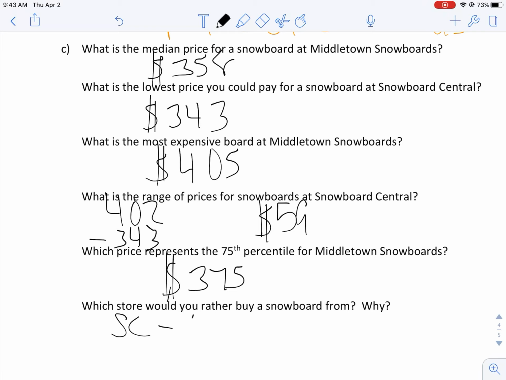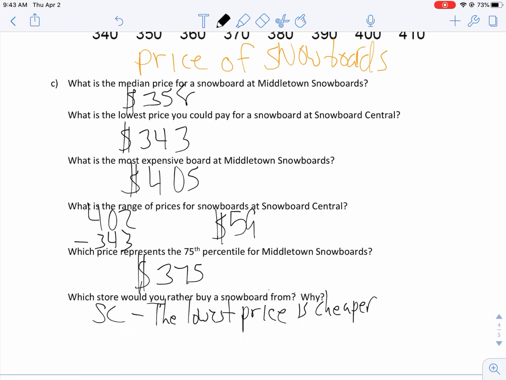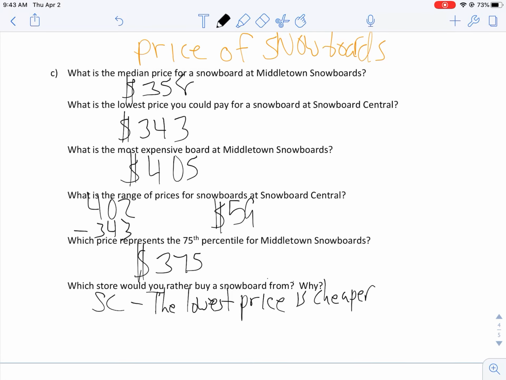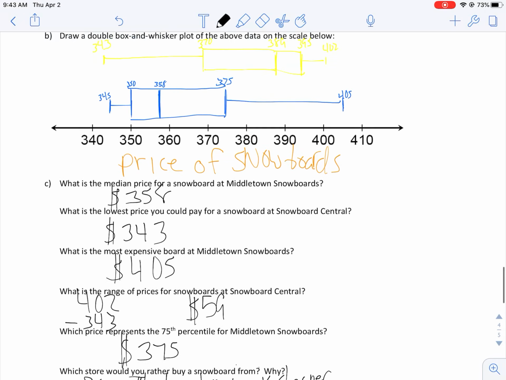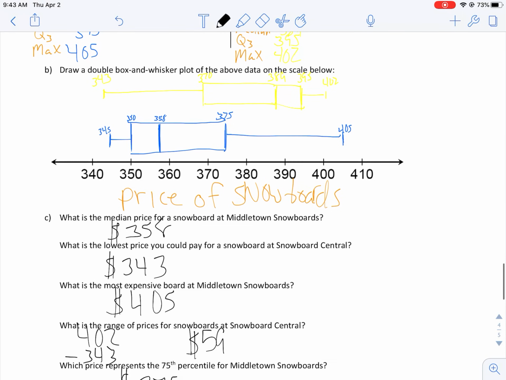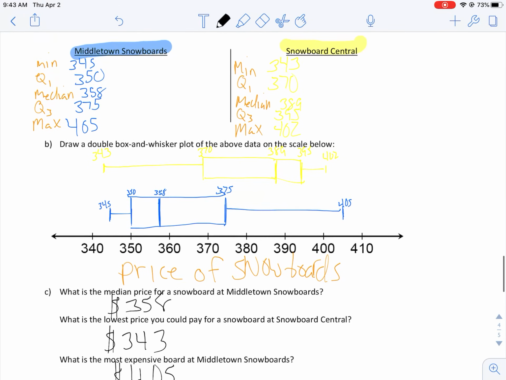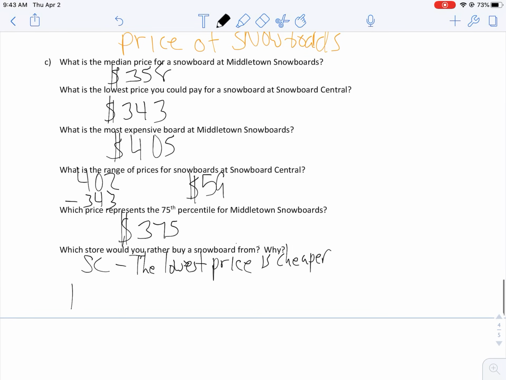The lowest one is cheaper. You could say that, if you want the cheap one. You could say Middletown. Why would you say Middletown?